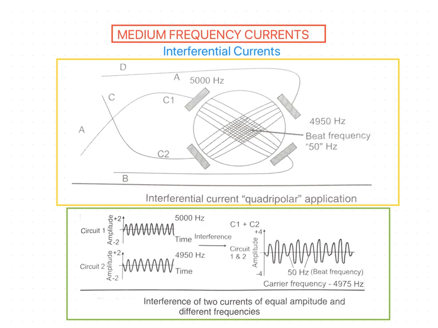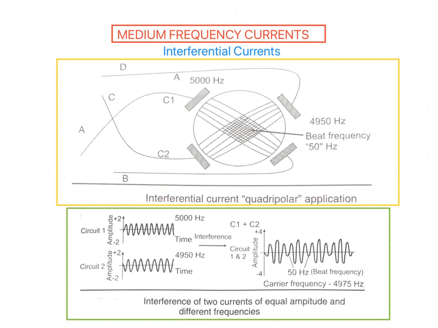These currents have a frequency from 1 kilohertz to 10 kilohertz, or 1000 hertz to 10,000 hertz, and are either amplitude modulated, that is interferential currents, or time modulated.